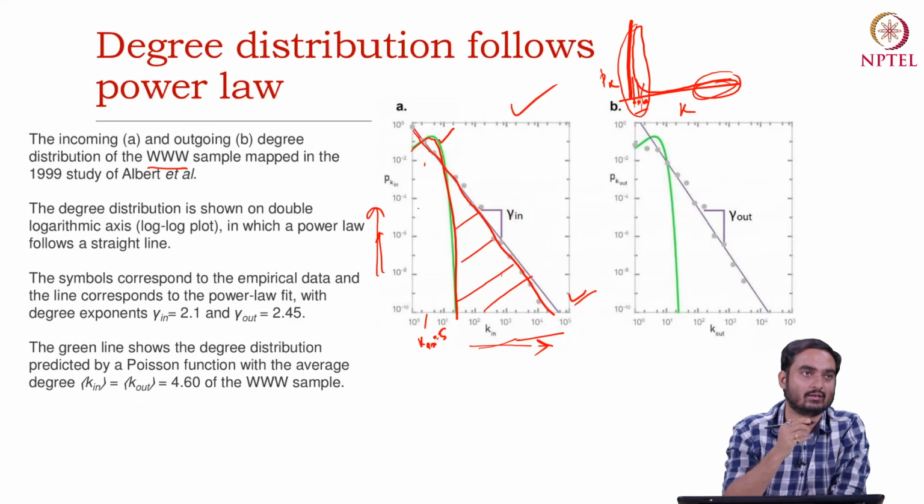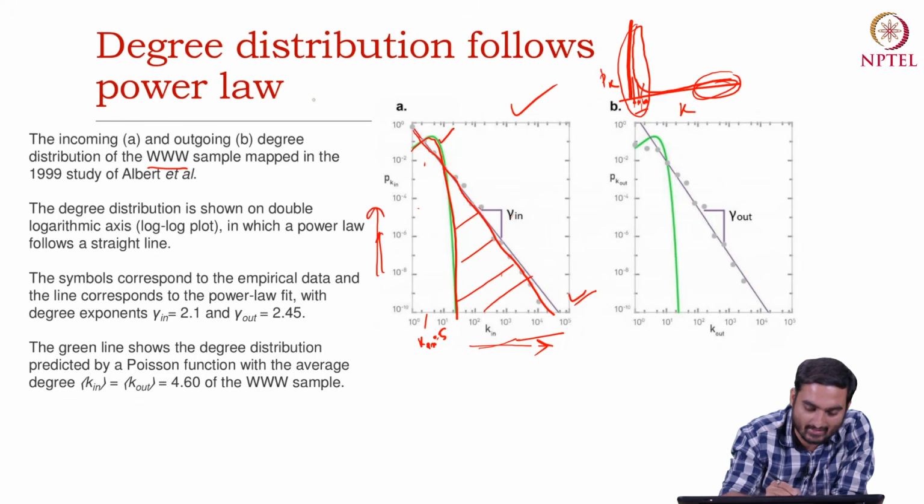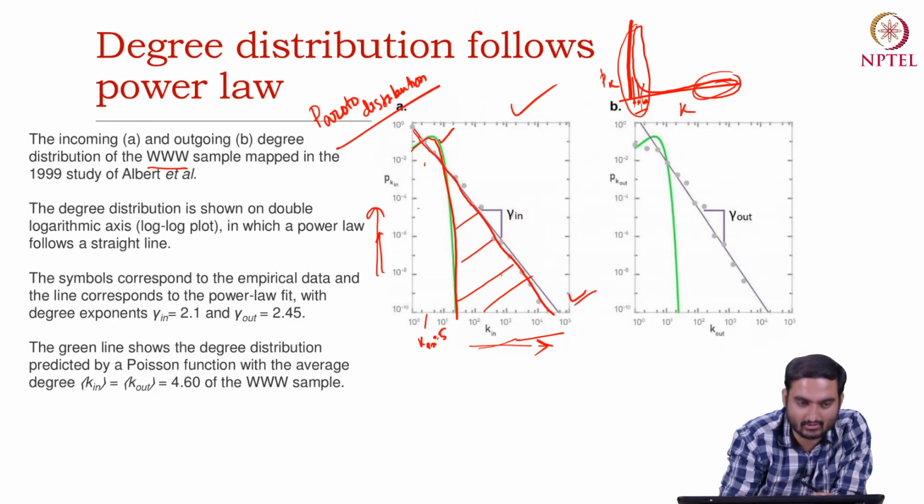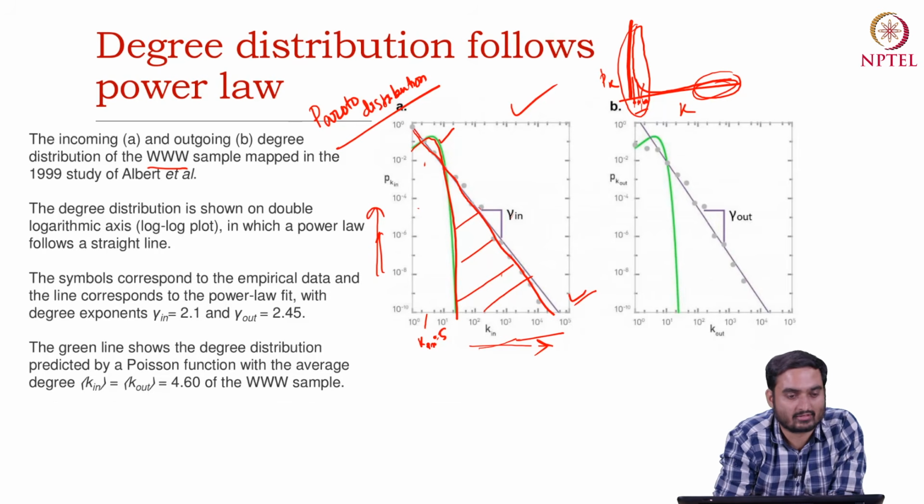Now, this power law is also called the Pareto distribution. If you look at advanced probability theory, you may have heard about this Pareto distribution. It also says the same thing, right? In fact, the Pareto distribution or power law, this kind of function, appears everywhere.